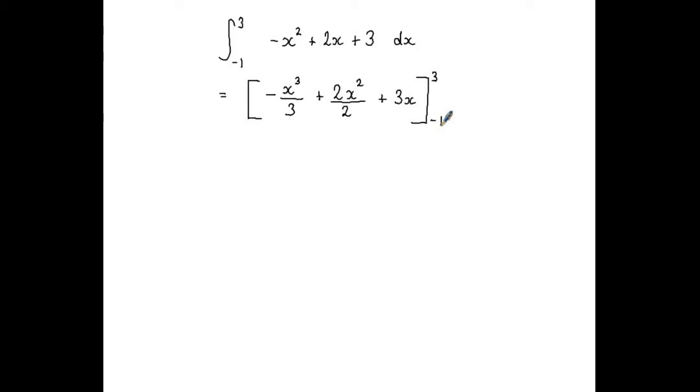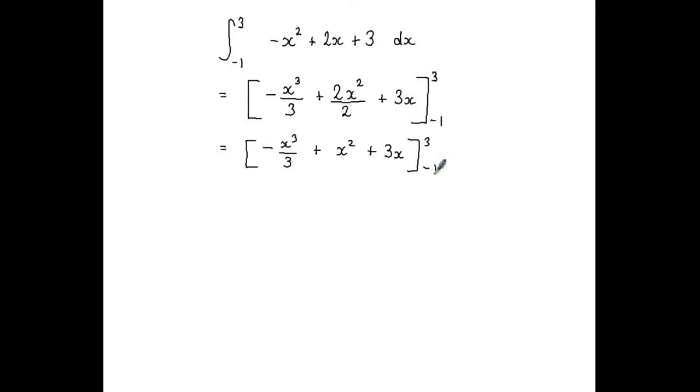Look to see if you can cancel anywhere, and here we can simplify this one down. The first term stays exactly the same, minus x cubed over 3, plus just x squared now, as 2 divided by 2 is 1, and then plus 3x. Keep your limits on the side of the square bracket.